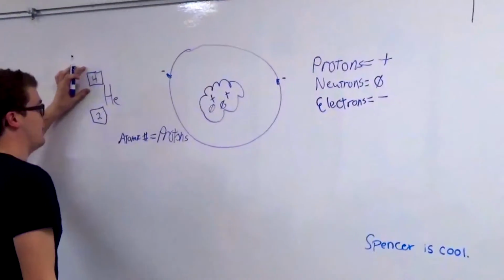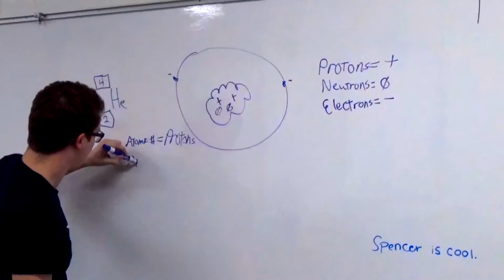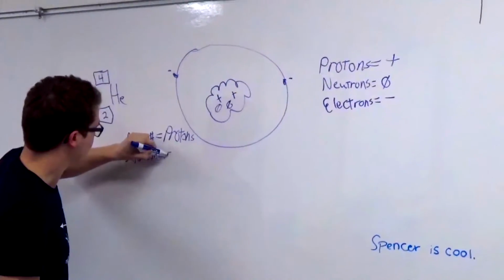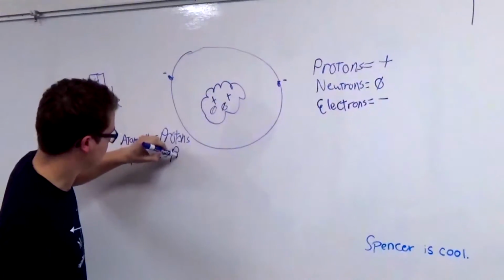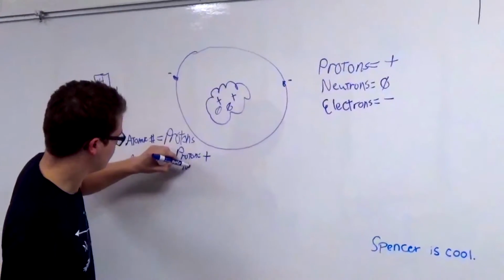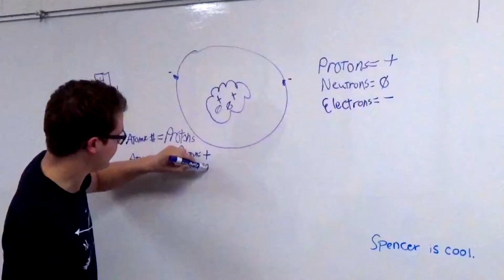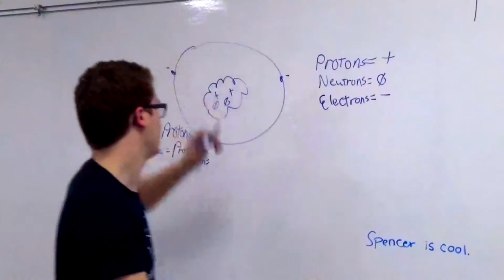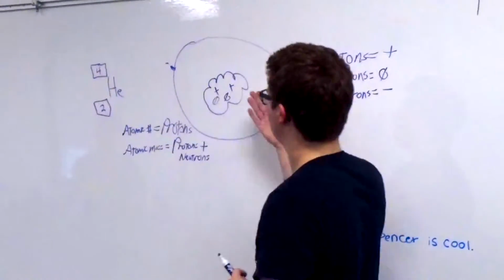And up here we have our atomic mass. An atomic mass equals protons plus neutrons. Now you might be thinking, well, what about the poor electrons that are swirling around the orbits? Do we not count them simply because they're not in the nucleus?